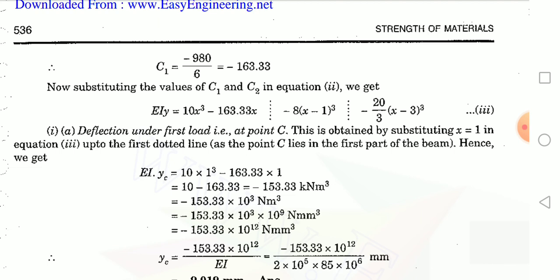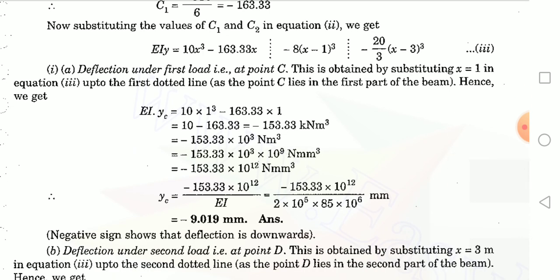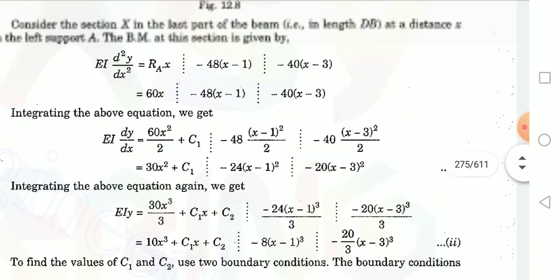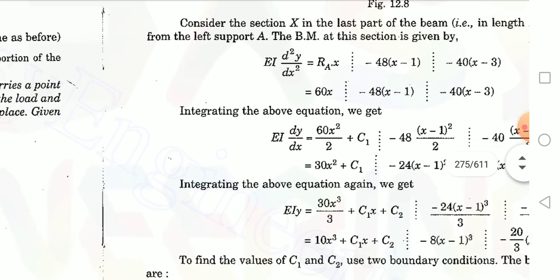In this we want to find the deflection y. The deflection under the first load at point C, at the 48 kilonewton load, is y at C, and at the 40 kilonewton load, that is y at D.